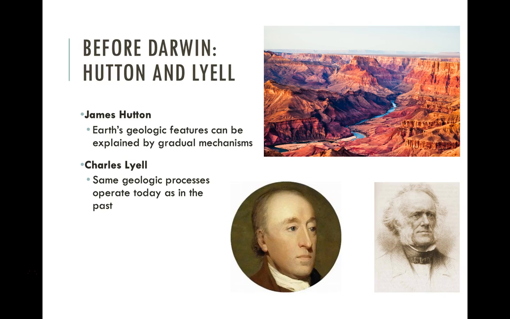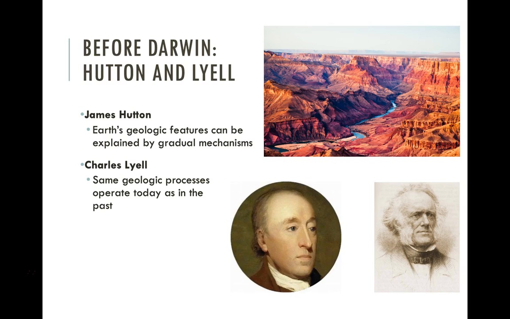Before Darwin, a man named James Hutton was a geologist, and he proposed that Earth's geological features could be explained by gradual mechanisms. That things like the formation of the Grand Canyon, mountains, and riverbeds sometimes could happen quickly, but overall those formations were formed gradually, and that they might take hundreds of thousands, even millions of years.